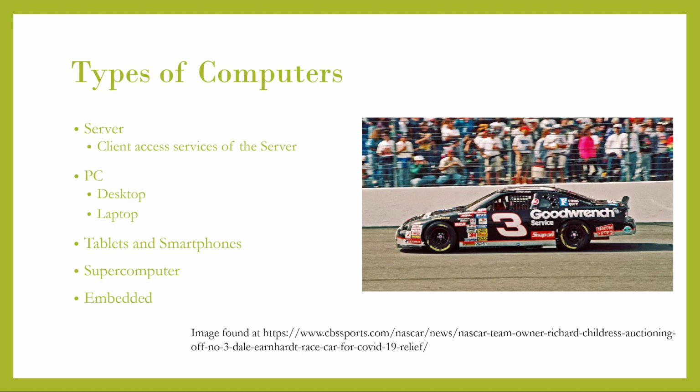The people that use the server directly are generally the ones maintaining it. They're not the ones it's intended to be used for. They're helping it run, making it so that the clients can use it. A client isn't like a customer. A client is just what we call the device or program that will use the server.